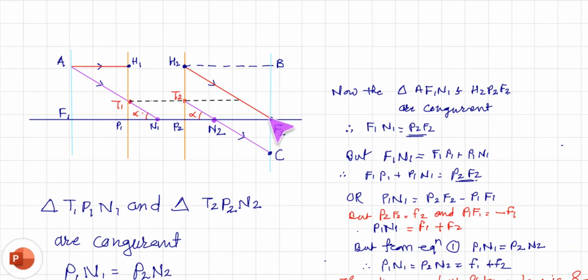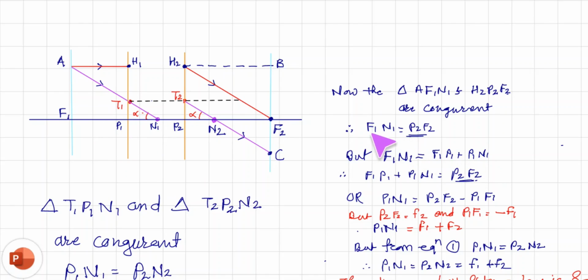Remember that F2 is a focal point, this is a focal plane that we already saw. So P2 F2 is nothing but a focal length, don't forget. Now F1 N1 is equal to P2 F2, but F1 N1 is nothing but F1 P1 plus P1 N1.